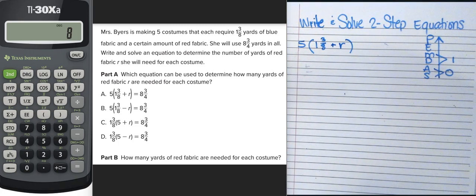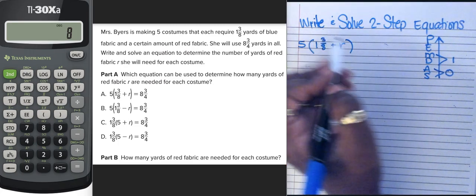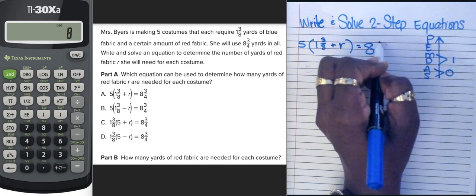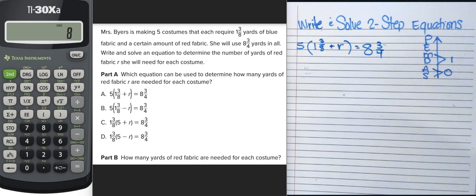And then we're multiplying this by 5 so that we can have the 5 costumes. When we do that, we should have a total of 8 3/4 yards that are going to be used for all the costumes. All right, so that's what we're looking for in our answer choices.